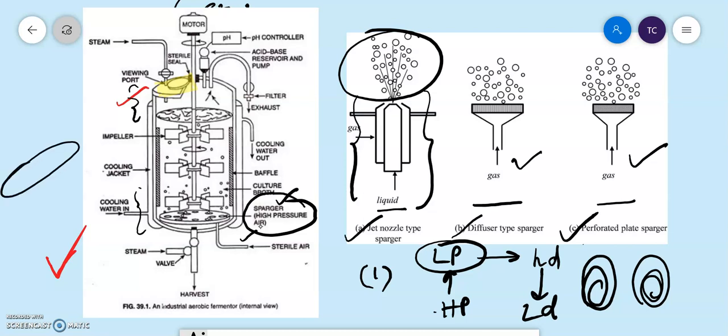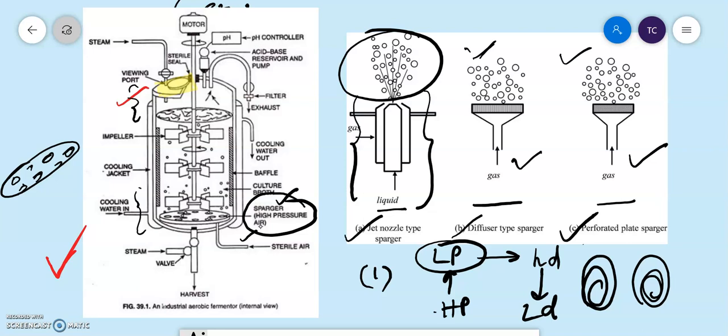In a base plate, you will have multiple different pores. Here the main reason is that a stream of air is introduced into the fermenter. You will have bubbles of air, a jet of air, and that air will be thoroughly diffused by this design. Its main aim is to diffuse the air throughout the fermenter, to form a jet or column of air.